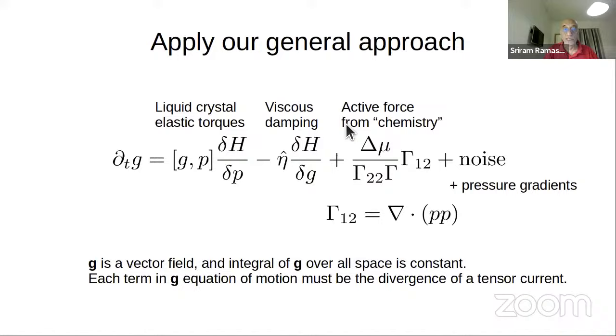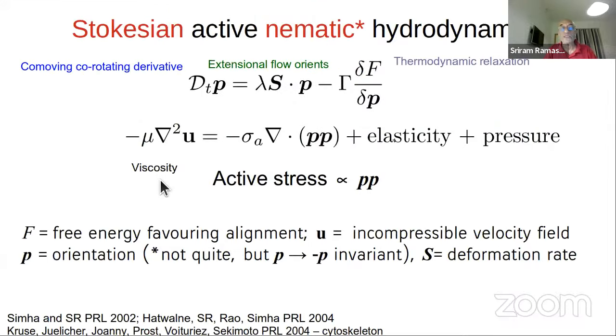Remember, I wrote the momentum equation as del G by del T, etc. I'm going to say we're looking at very slow flows. So that means viscosity dominates. So the flow always quickly adjusts to a value dictated by the forces imposed by the elasticity, pressure, and active processes in the system. So I'm going to ignore inertia.